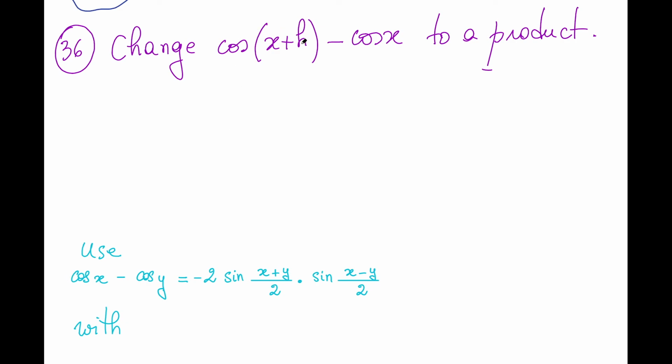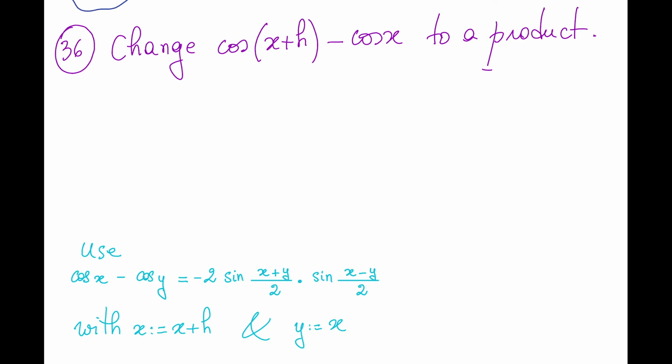So we're talking about the angle being x plus h then. So the x in the formula is x plus h of our context, and the y in the formula is that x of our context. So the y in the formula is our x.